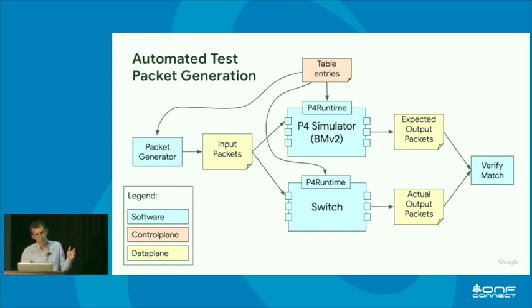Yeah, so I can say a little bit more about how this works. At Google, many of you might know, we've been using OpenFlow for a long time. In trying to migrate to P4, we basically convert OpenFlow to P4 just before you go to the switch.